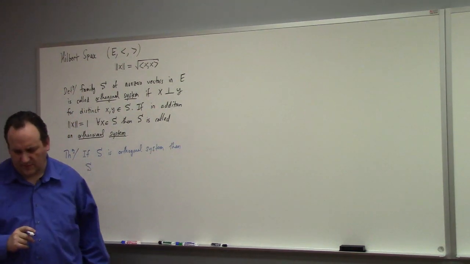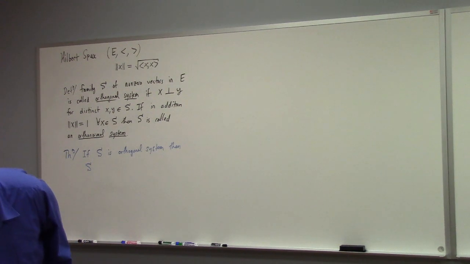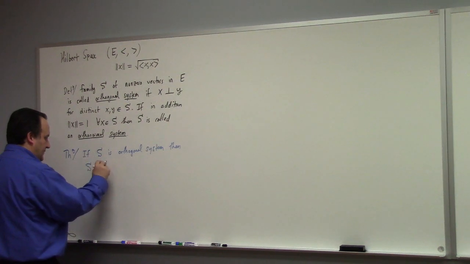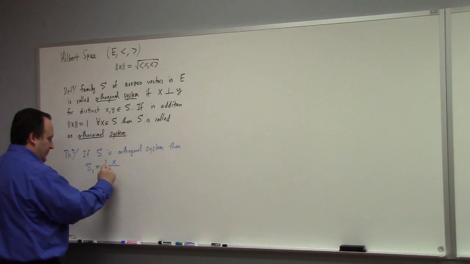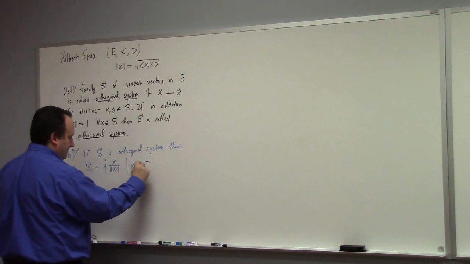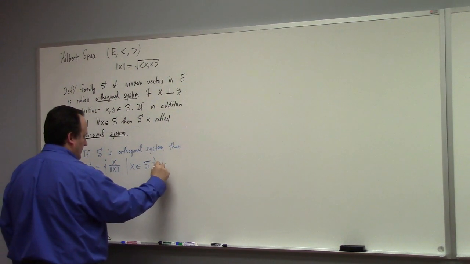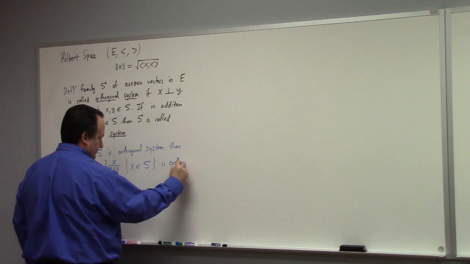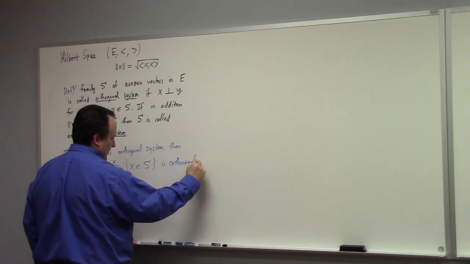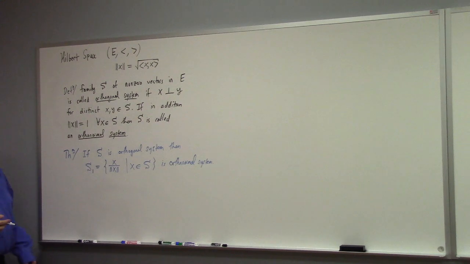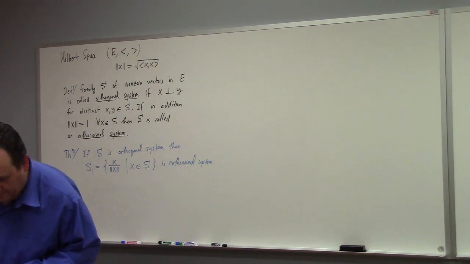Is that his standard notation, maybe? I don't know. So this is the usual trick, right? If you want a unit vector, divide by the length.